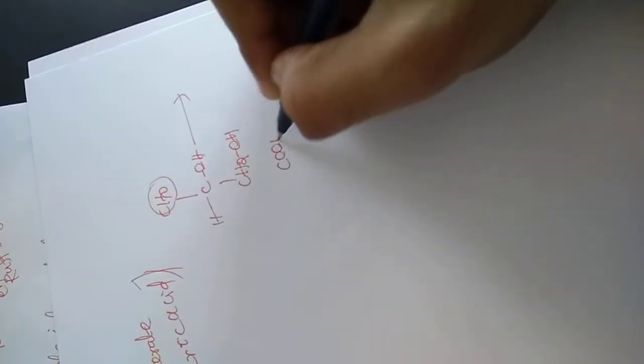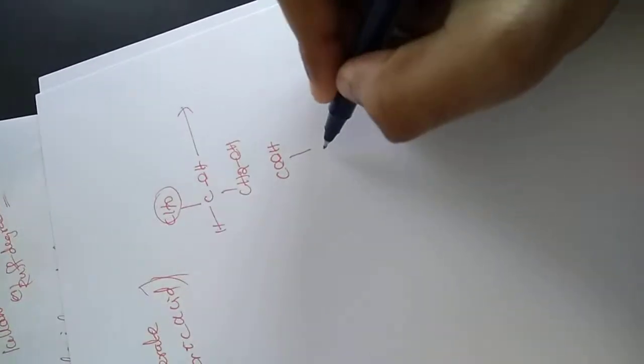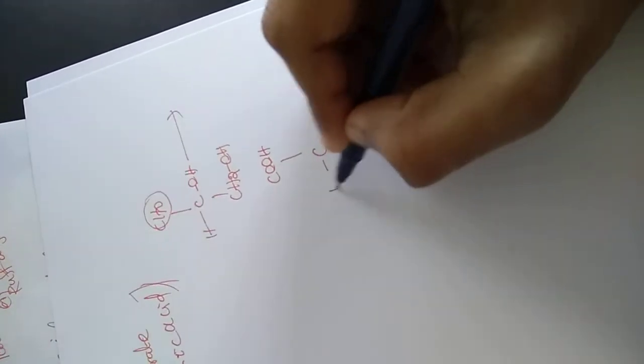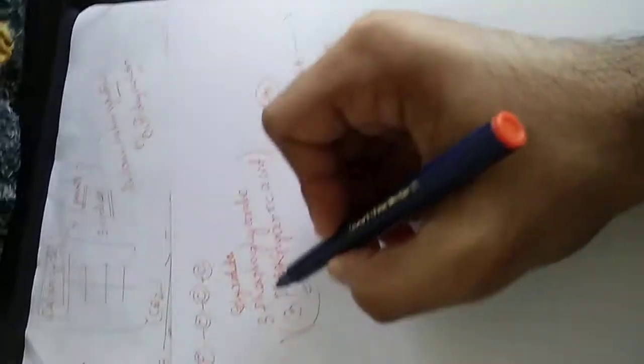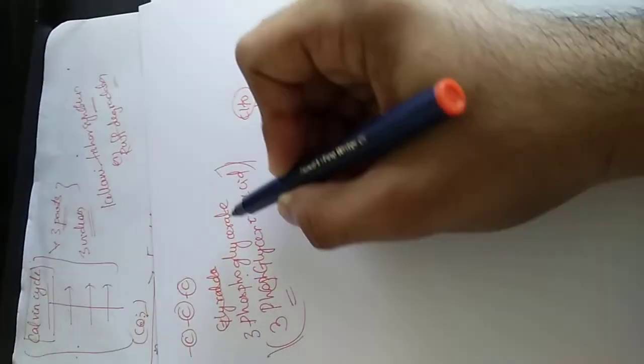If I want to convert it into glyceric acid, I convert this CHO into COOH, a carboxylic acid group, and CHOH. And this is actually 3-phosphoglycerate. So this H is replaced by H2PO3. That's a phosphate group.